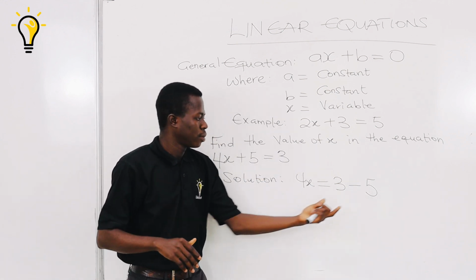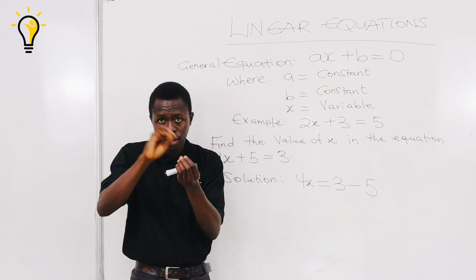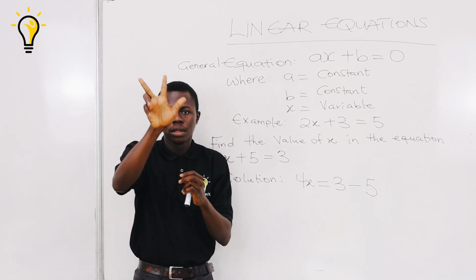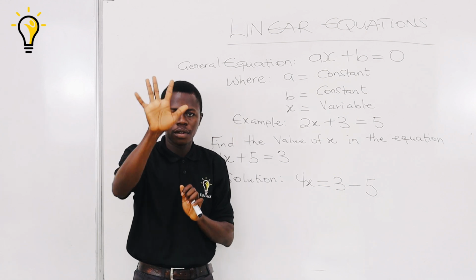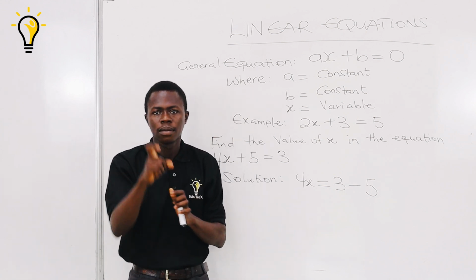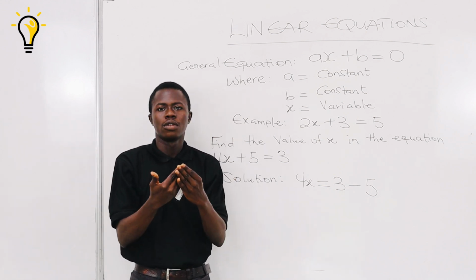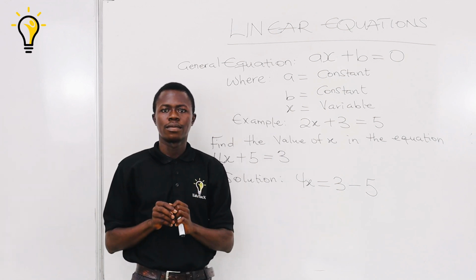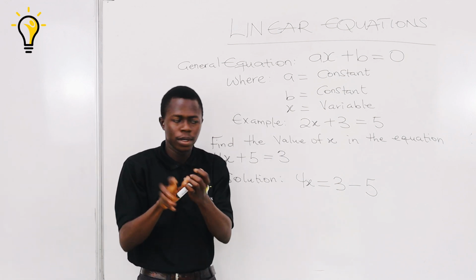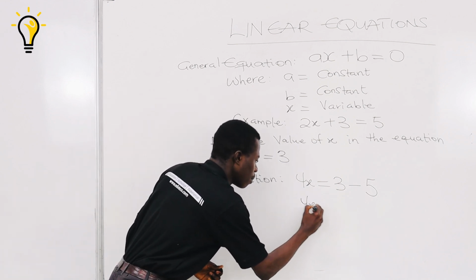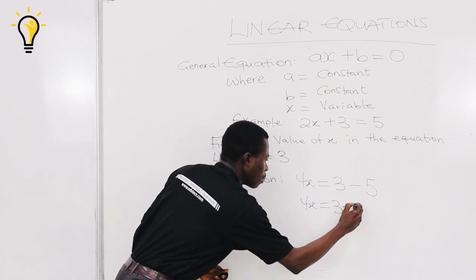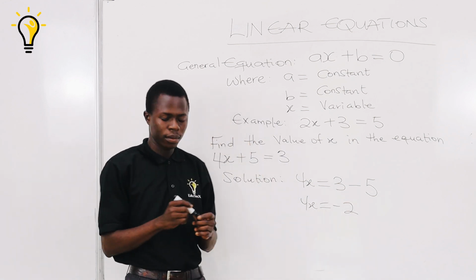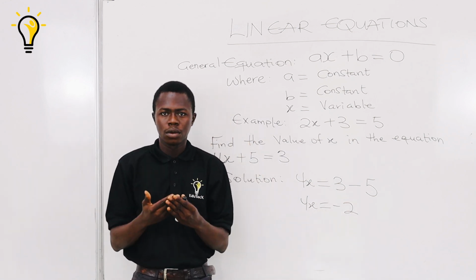So our focus now is on 3 minus 5. We add or subtract, right? Yes. So 3 minus 5, what would the answer be? Very good. The answer will be negative 2. So we write that as well. 4x equals minus 2. Very good.